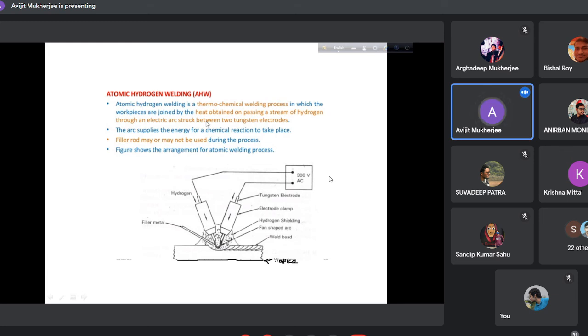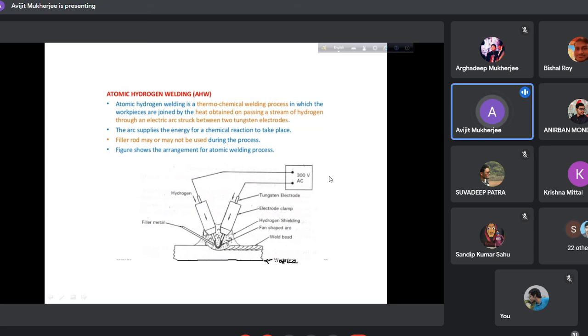So that is the concept. Heat is obtained on passing a stream of hydrogen through this electric arc. Atomic hydrogen is produced and enormous heat is produced. Filler rod may or may not be used depending on the requirement. There are various technical details and complexities, but you don't go for that.